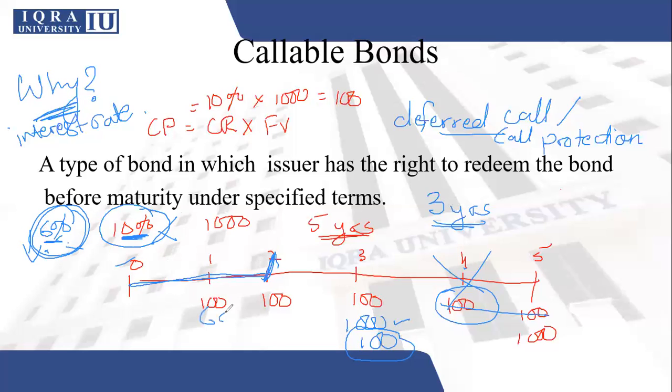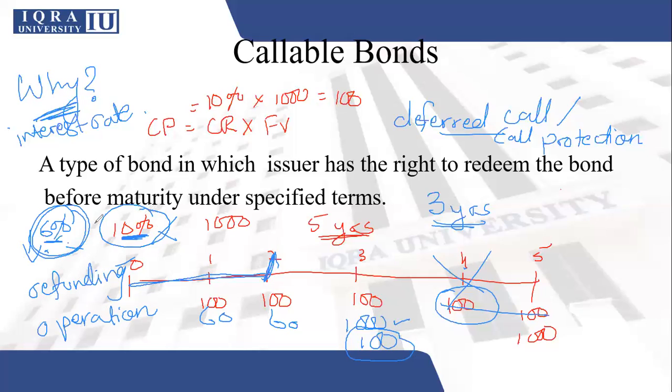That means 60. So their interest expense is going to decline. This is called your refunding operation. If the corporation is finishing off this 10% bond and then issuing once again at the lower interest rate of 6%, then that is called your refunding operation.